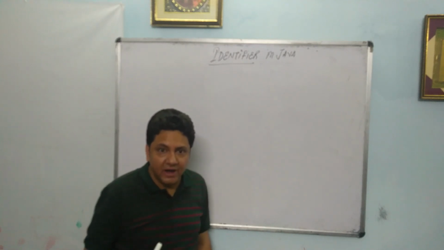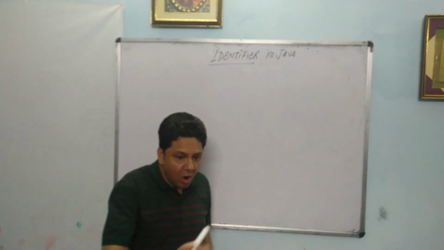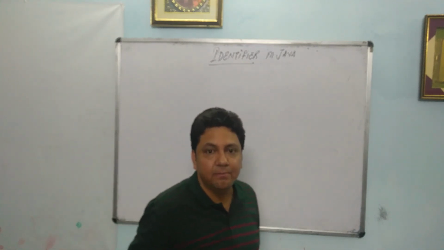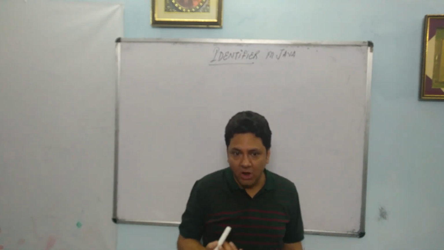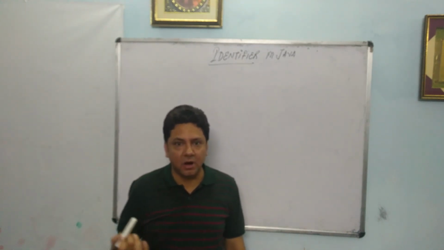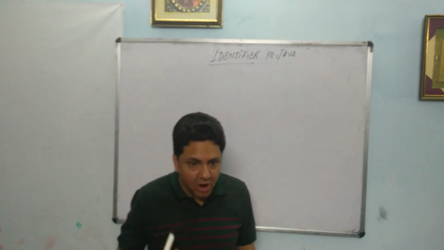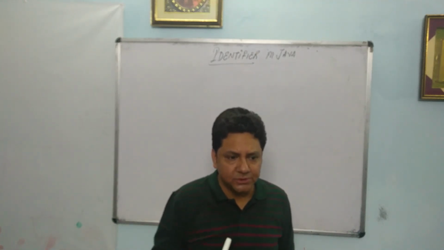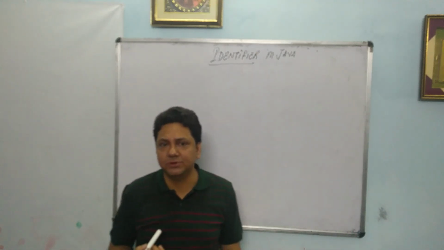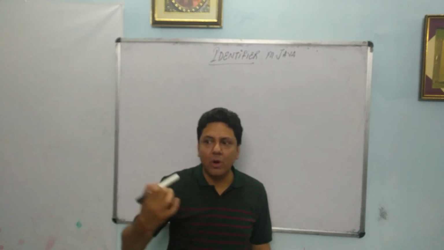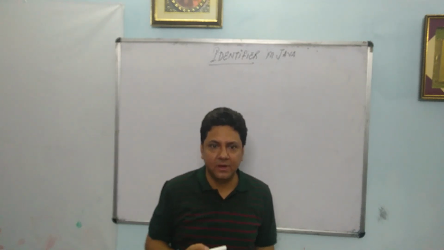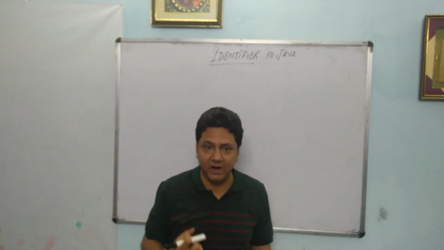So the function, package, class or variable can be identified on the basis of identifiers. If they are identified, we can use them. We are all identified by a name. We all have a unique or a common name. Suppose I tell you, go and call that person, and I don't know the name of that person.